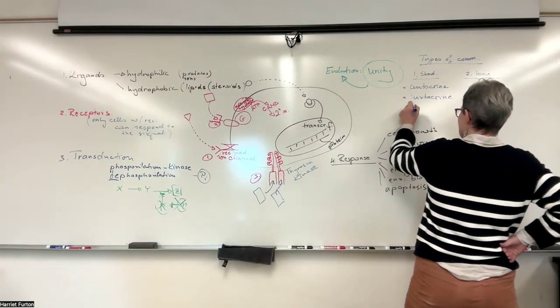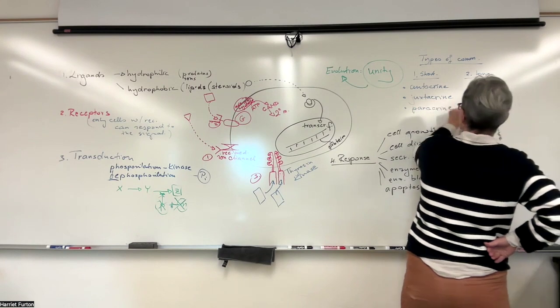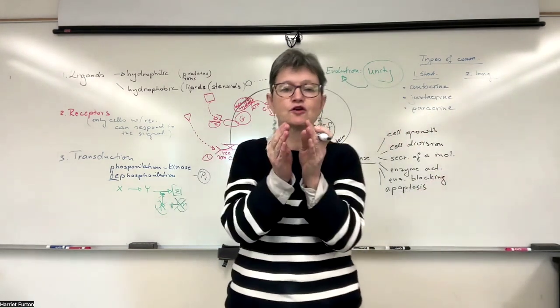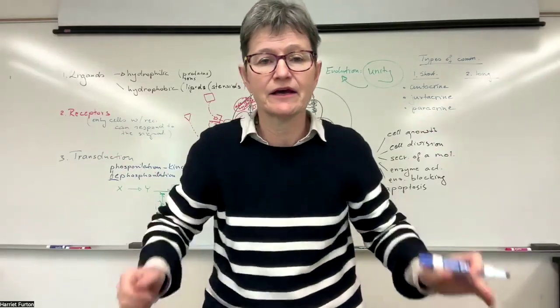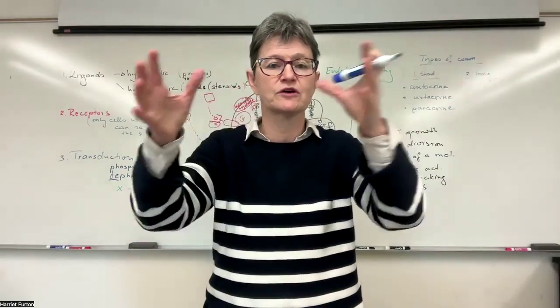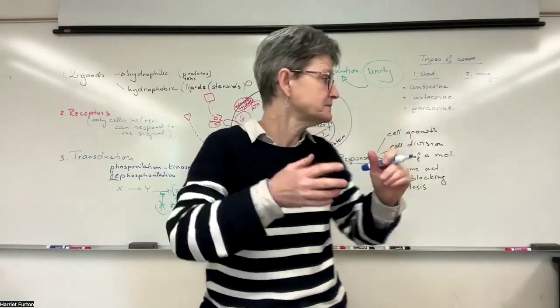The third type is the paracrine communication in close vicinity. They are not touching each other, the cells, like neurotransmitters from one neuron to another, or from a receptor to the neuron.